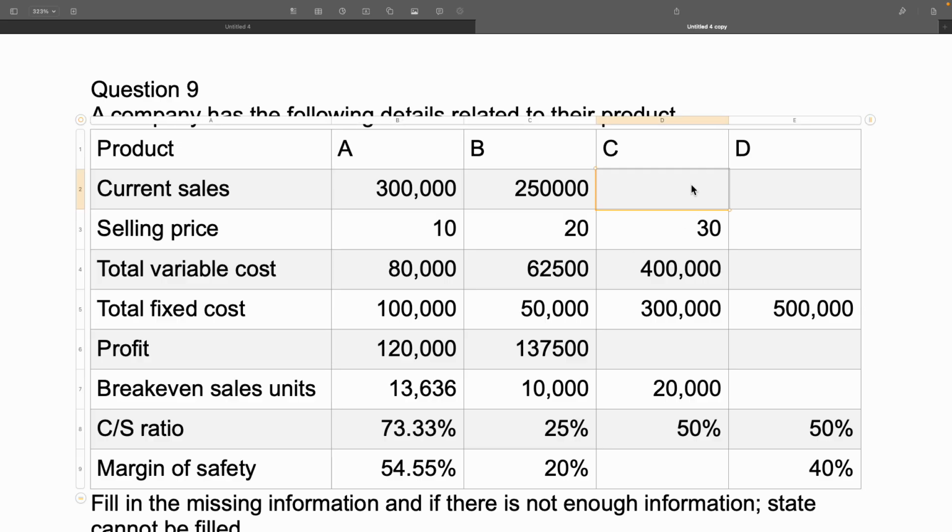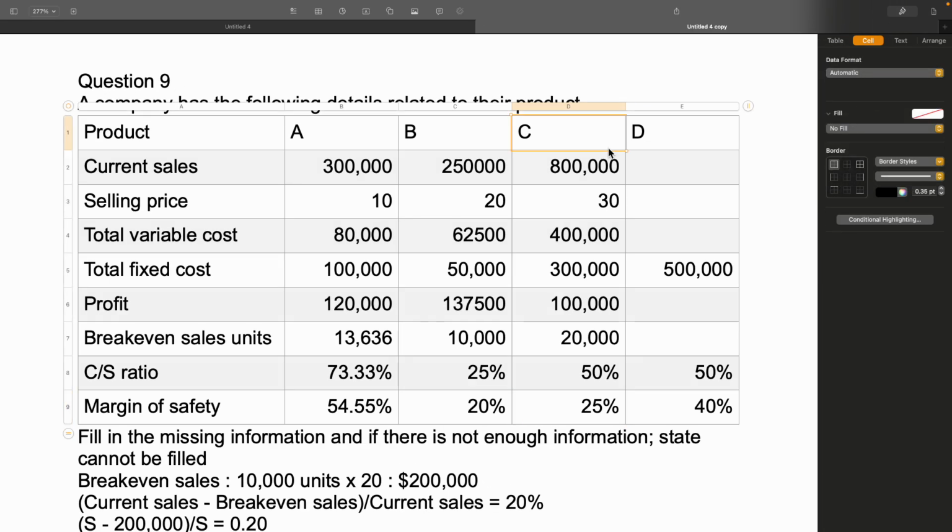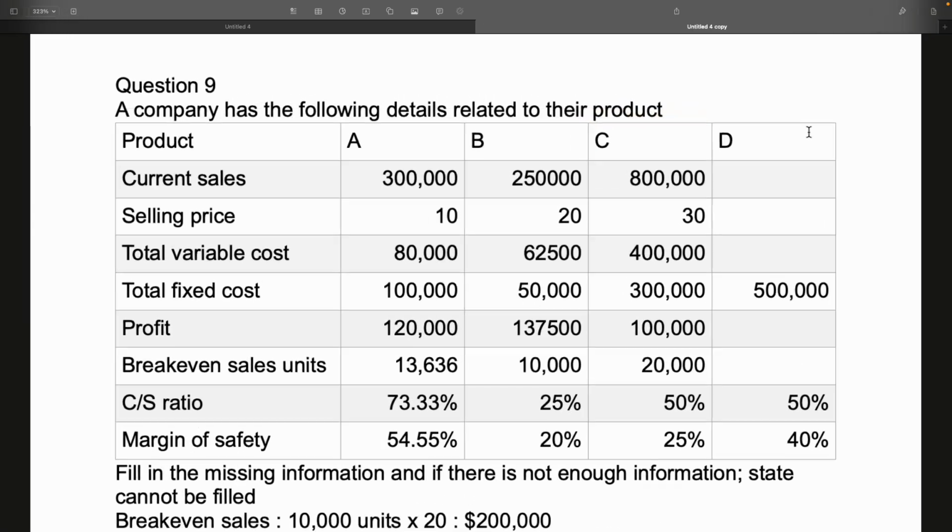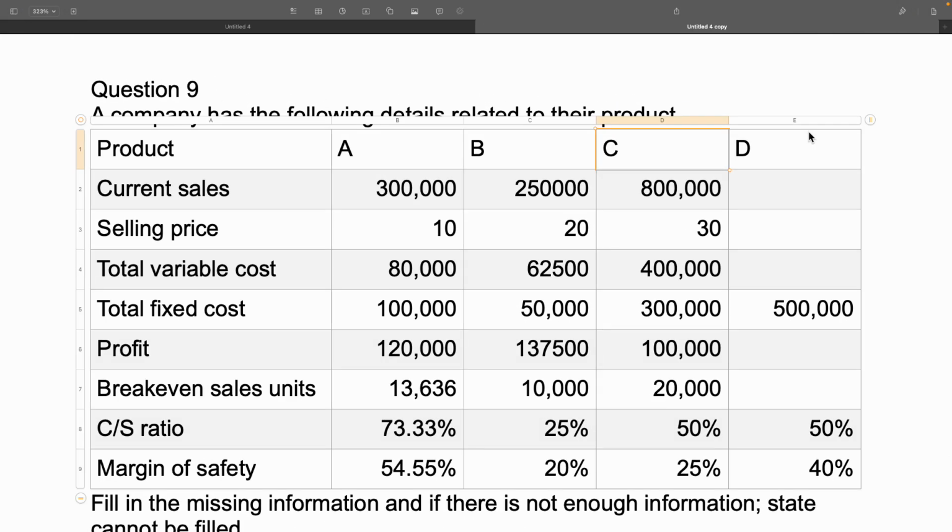So the sales should be 800,000, which means the profit is 100,000, and the margin of safety is going to be 800,000 minus 600,000 divided by 800,000, about 25%. Okay guys, are you clear on that one? All clear?